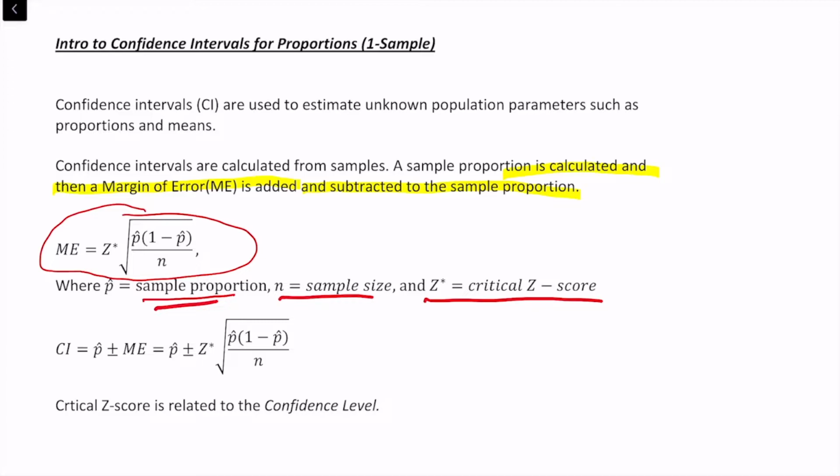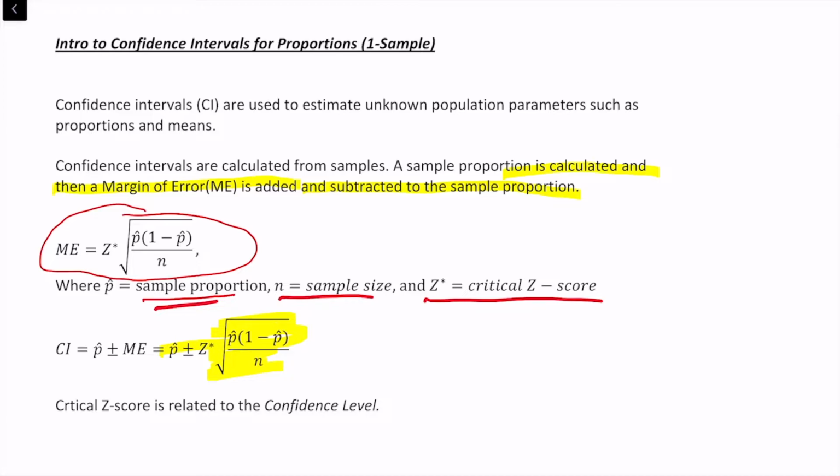So once we have our margin of error calculated, then as I said before, the confidence interval is found by taking your sample value, in this case the sample proportion, and then both adding and subtracting your margin of error. And what you're seeing me do here in this last one is I'm just filling in that formula for the margin of error that we calculated in the step above.